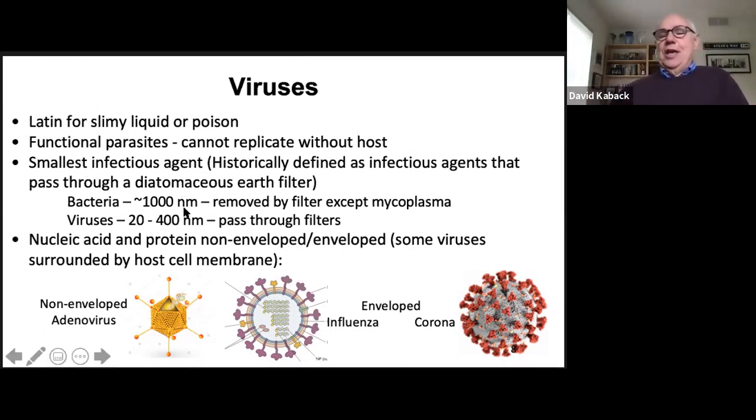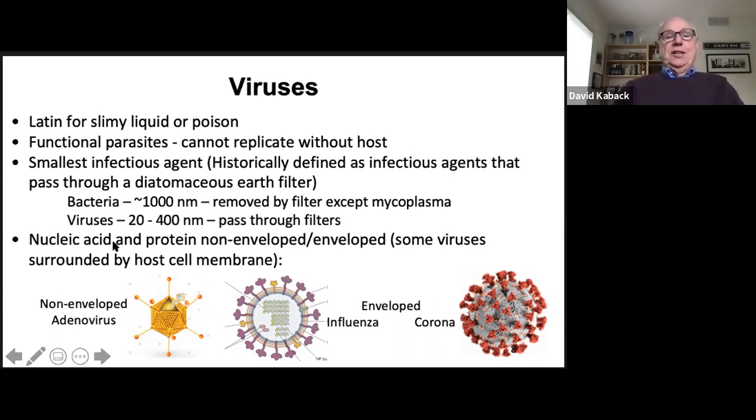Now we know that some bacteria can still pass through those filters, like mycoplasma, and you'll hear about mycoplasma pneumonia from me, and some urinary tract infections that are also caused by these very small bacteria called mycoplasma. But basically, viruses are much smaller than bacteria, which are in general about 1 micron long, we say 0.5 to 2 or 3 microns in size.